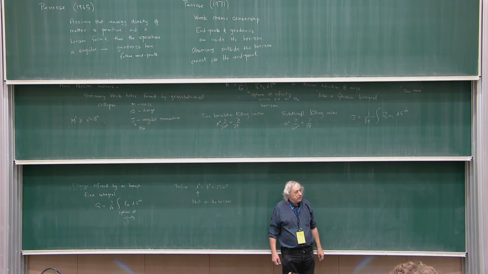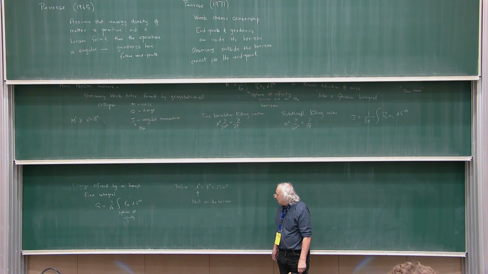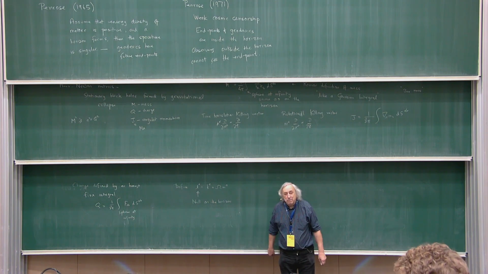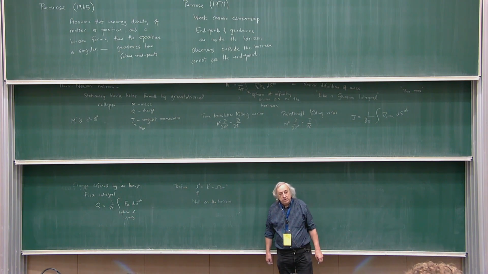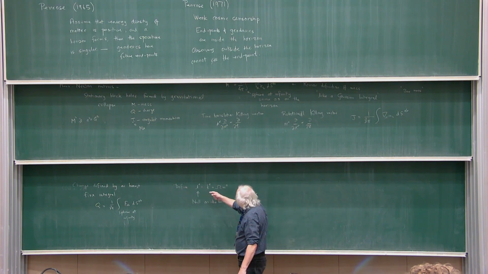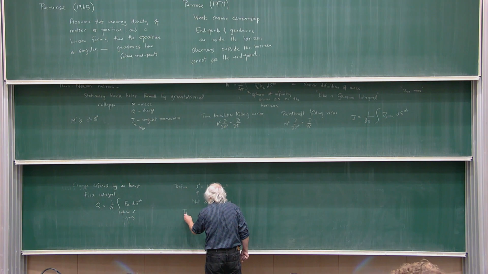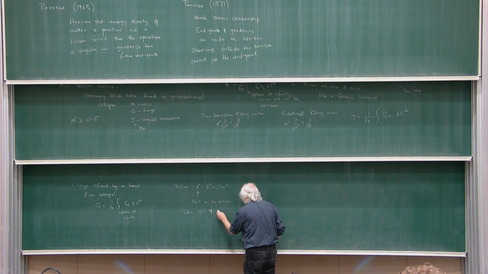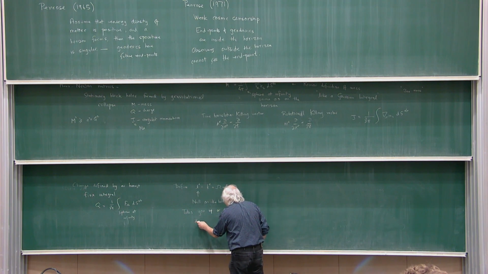Because in a black hole space-time the horizon is stationary, there must be some Killing vector associated with it, and this Killing vector basically takes you up and down the horizon, depending on which sign you pick.